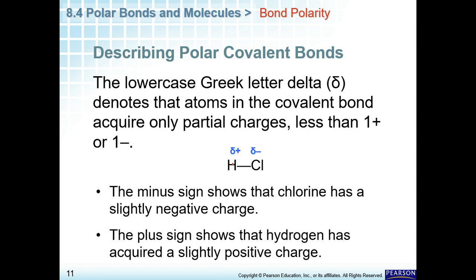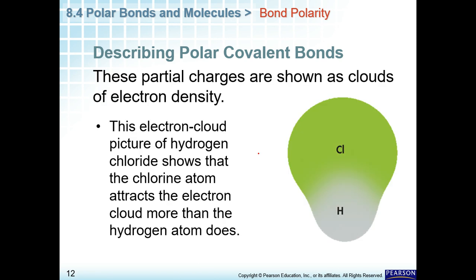The way we denote these slight positive and negative charges is through the lowercase Greek letter delta. It looks like a little o with a stem on top. This just denotes that hydrogen is slightly positive and chlorine is slightly negative. Another way we can denote partial charges is by using our electron cloud diagram, which shows our electron density.